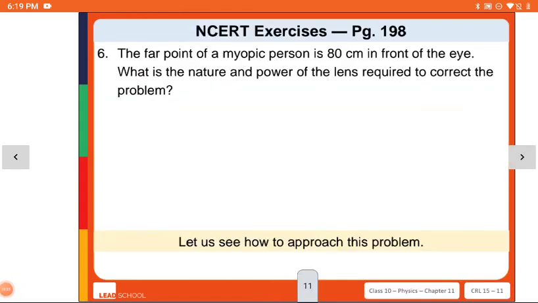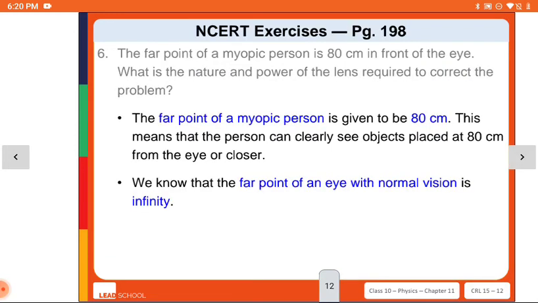So students, next one is the NCERT exercise, page number 198. The far point of a myopic person is 80 centimeter in front of the eye. What is the nature and power of the lens required to correct the problem? So students, the far point of a myopic eye is 80 centimeter.